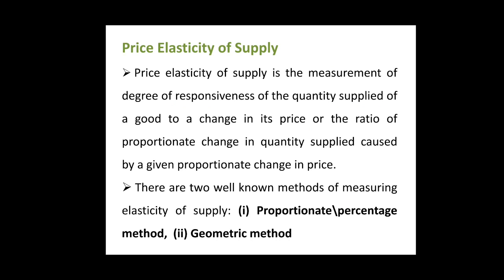The first method is the proportionate or percentage method of measuring elasticity of supply, which we will discuss in this lecture. And the second method is the geometric method of measuring price elasticity of supply, which is also known as the point method, which we will discuss in our next lecture.